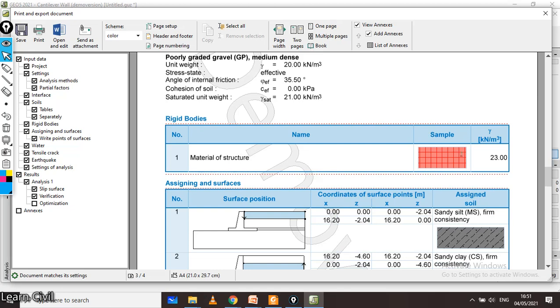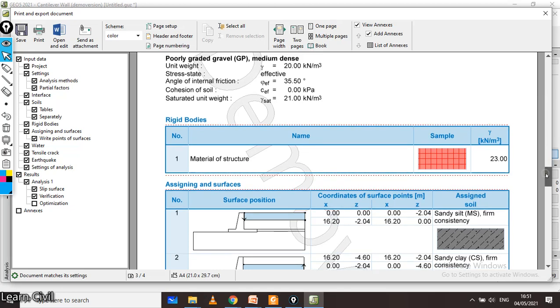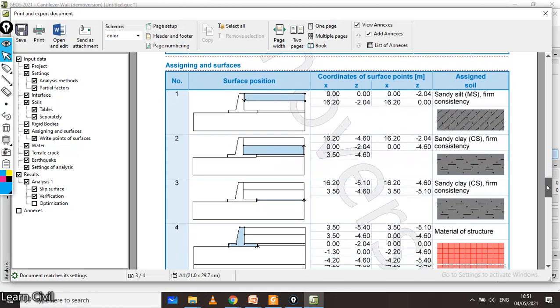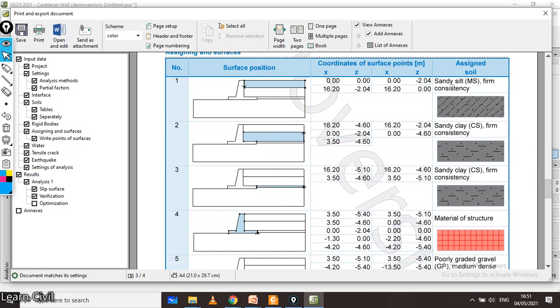Material structure. Okay, then we have the properties assigned. We have assigned this type of soil mass in this particular region. You can see here in this region we have provided the sandy silt soil.